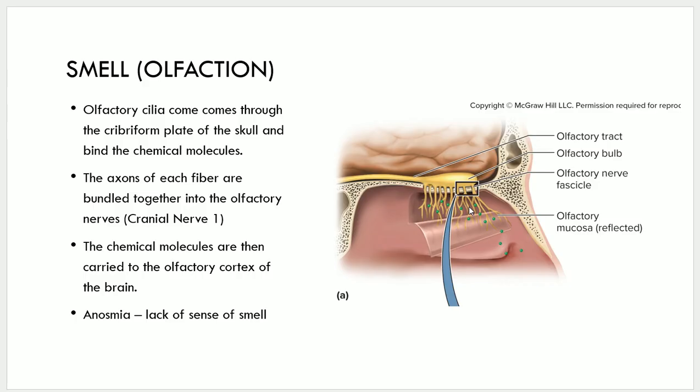Remember the postcentral gyrus, posterior to the central sulcus, which separates precentral gyrus and postcentral gyrus. Anyways, that olfactory nerve is carrying that sensory information to the sensory cortex, which is the postcentral gyrus.